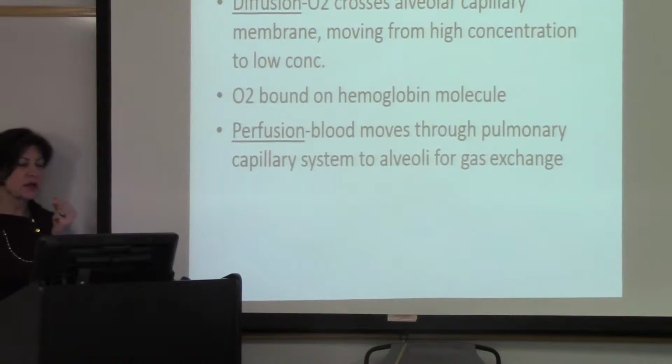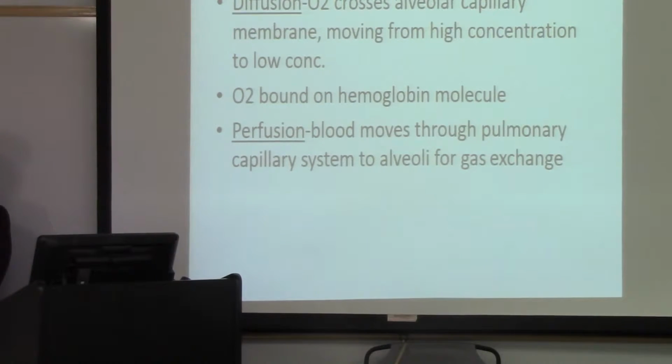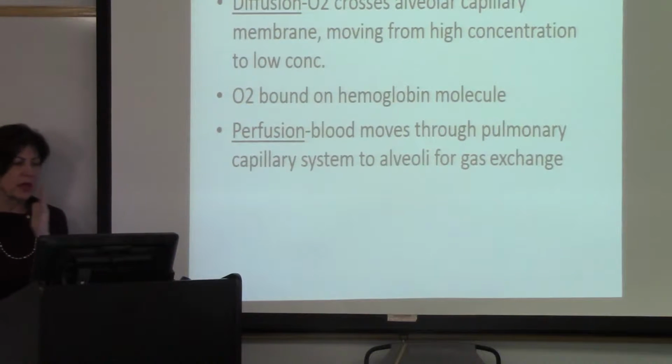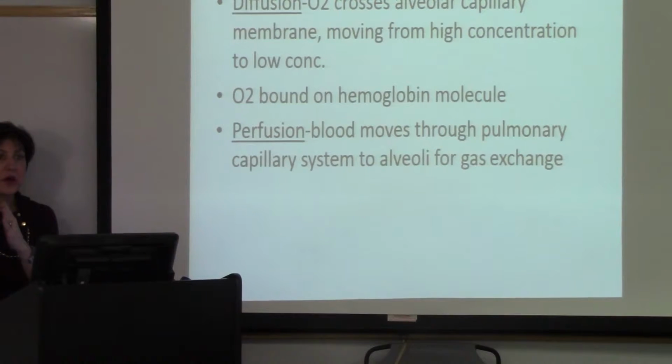Diffusion, which we talked about, is when an ion moves from a level of higher concentration to a level of lower concentration. It's passive. We talked about the fact that the O2 crosses over the alveolar capillary, where there's a lower concentration of oxygen because all the oxygen's been distributed, and the blood that's coming back has CO2, so it's low in oxygen.